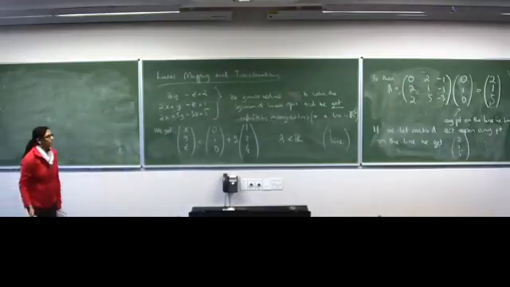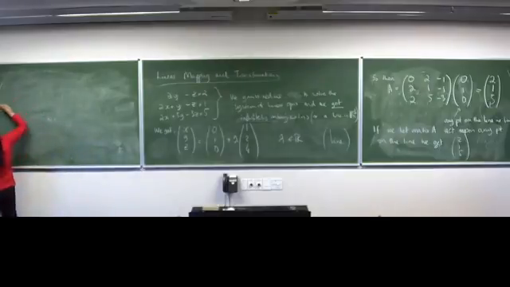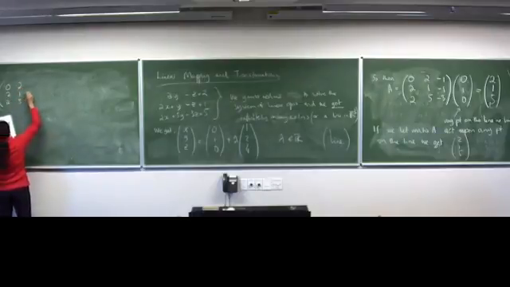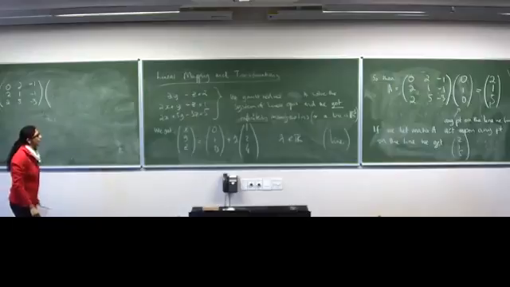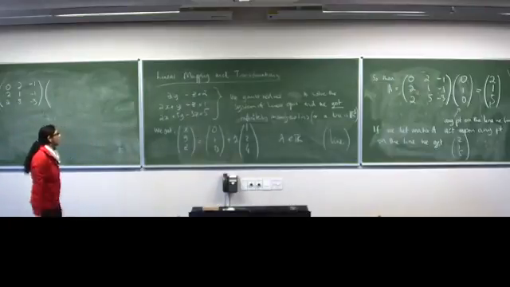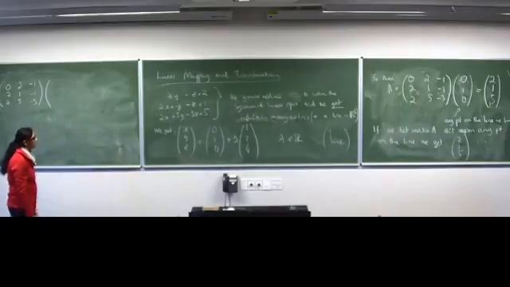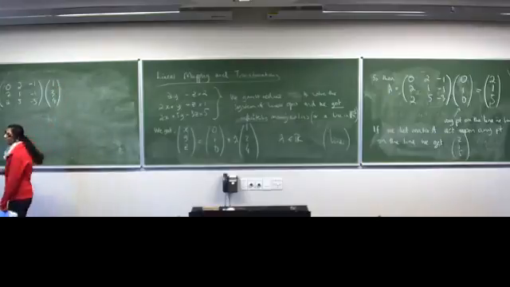Can you give me a couple more points on the line? Here is the matrix: 0, 2, minus 1; 2, 1, minus 1; 2, 5, minus 3. Another point on this line is (1, 3, 4), so we let lambda equal 1.